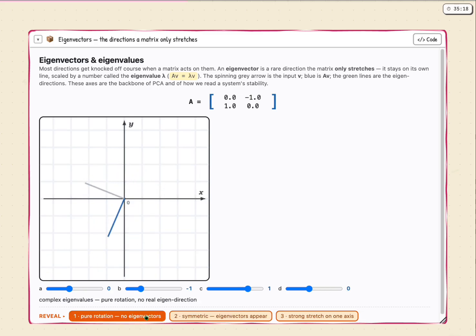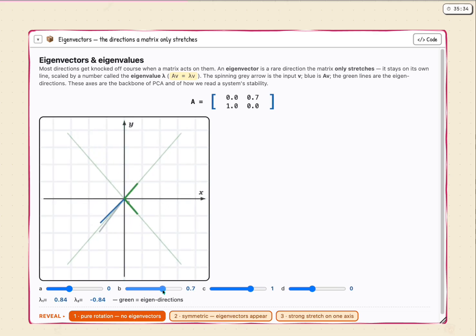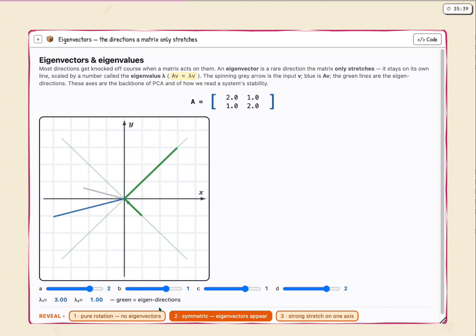The matrix has rotated it, but, and this is the magic, there are a few special directions where the matrix does not rotate the arrow at all. It only makes it longer or shorter along the very same line. Those special directions are the eigenvectors, shown here in green. An eigenvector is a direction that the matrix only stretches, never turns.